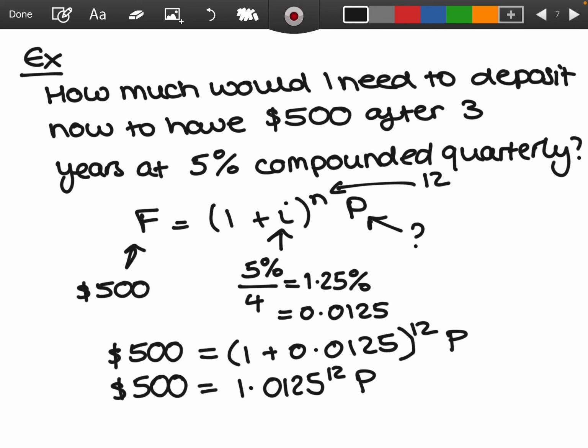And then if you divide both sides by 1.0125 to the power 12, you should get that your principal amount is $430.75. So that is how much I need to put into this account today in order to have $500 in there in 3 years' time.